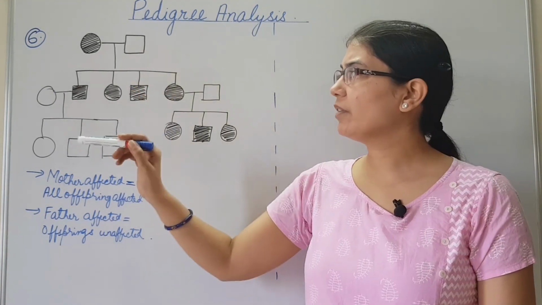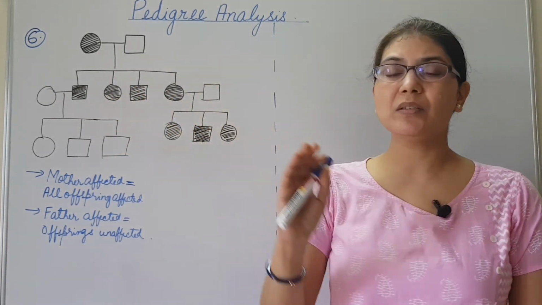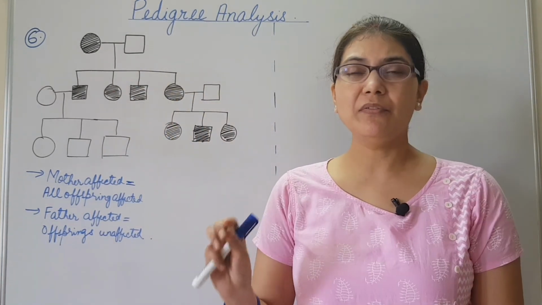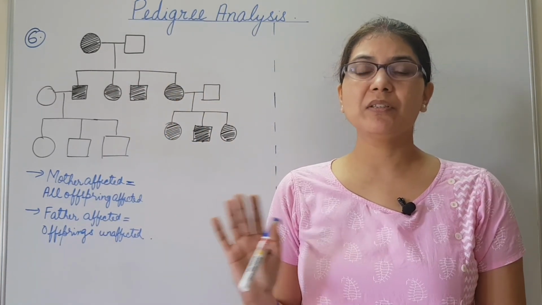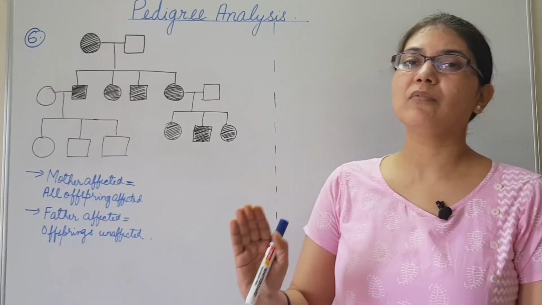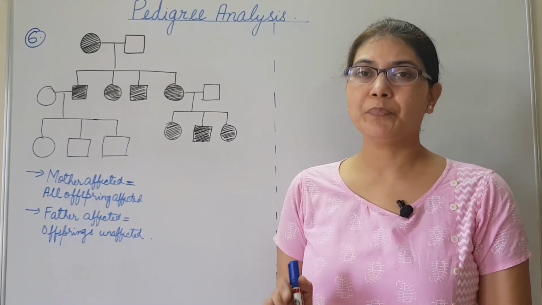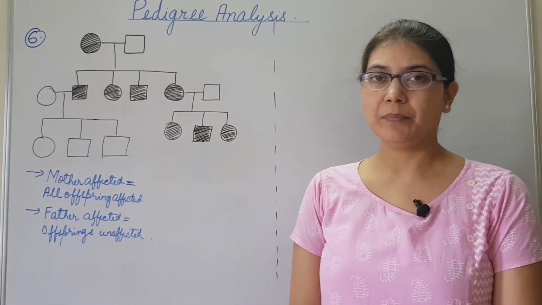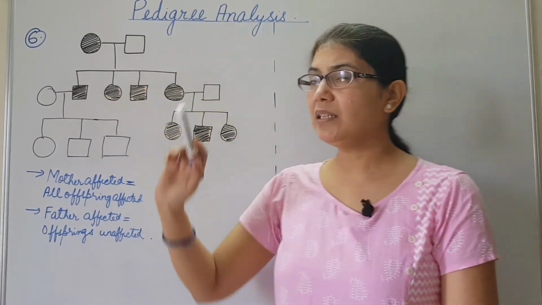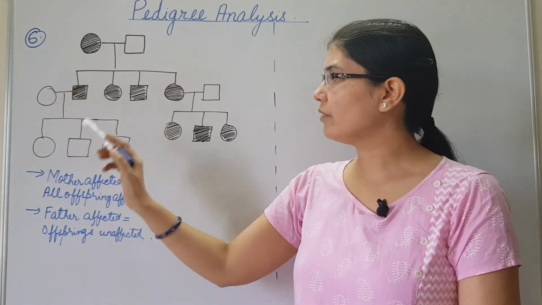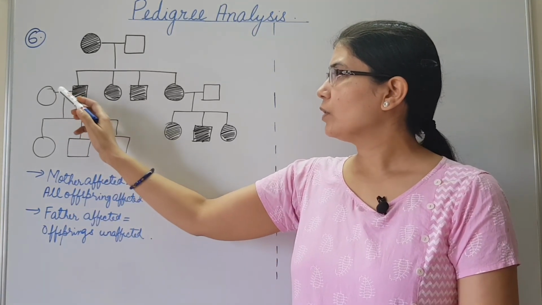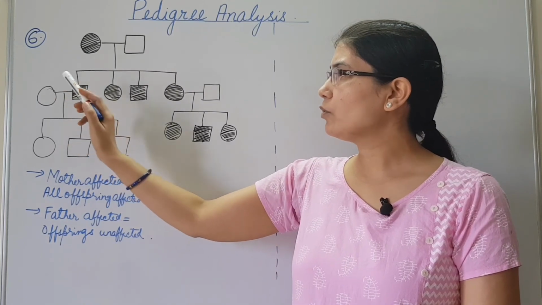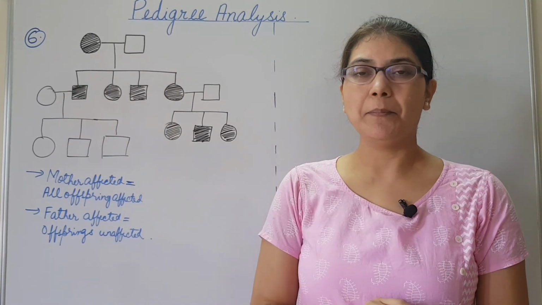So if the mother is affected, all the offspring will receive mitochondria from the mother. If any gene is present in the mitochondria responsible for any trait or disorder, then all the offspring will be affected. But if the male is affected and the female is unaffected, then all the offspring will receive mitochondria from their unaffected mother.